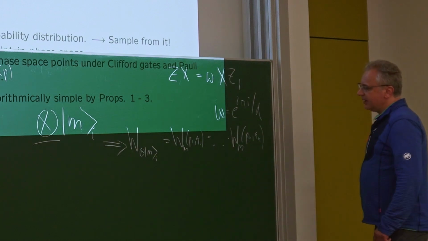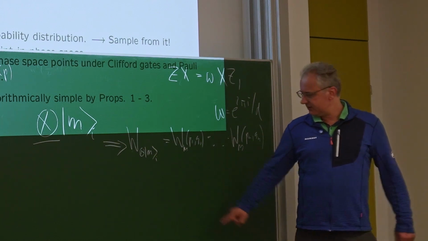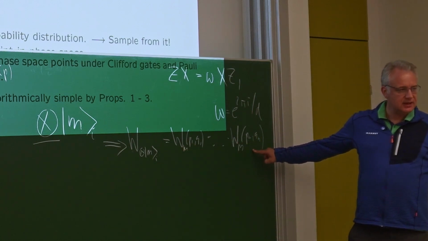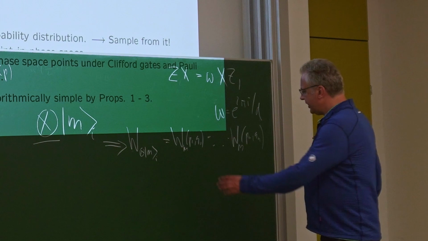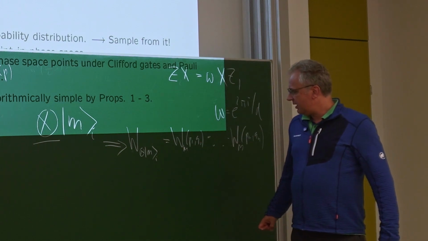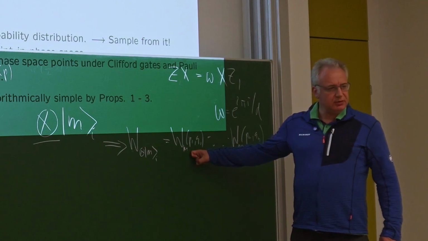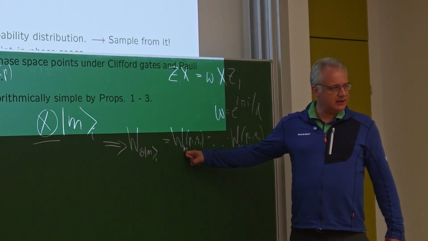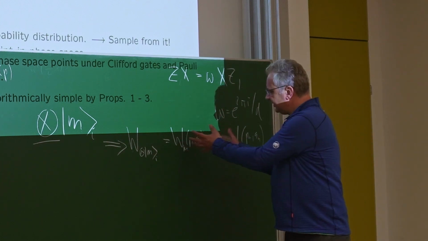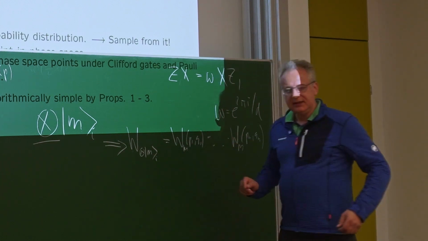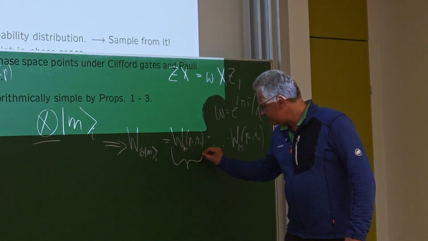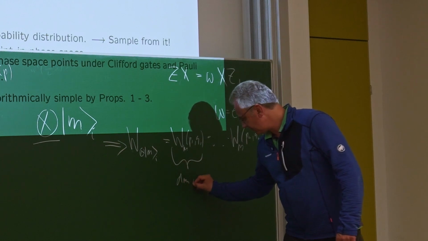Now, because of the assumption of positivity, these are all probability distributions. And so no matter how large this system is, I can now sample from these factors individually, and that's easy. No matter what the Wigner function looks like in detail, this is a system of dimension d.